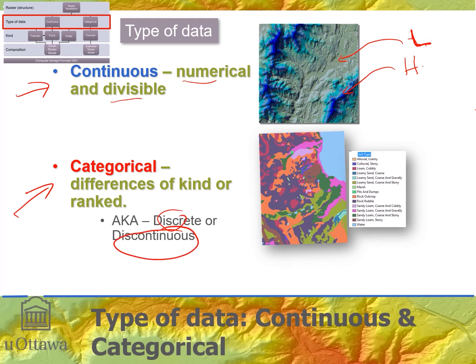So categorical data is discrete or discontinuous. This example shows surficial deposit types, and each surficial deposit type has a corresponding color. The computer still has to use numbers to represent those things, but the numbers are just used to differentiate between different soil types.